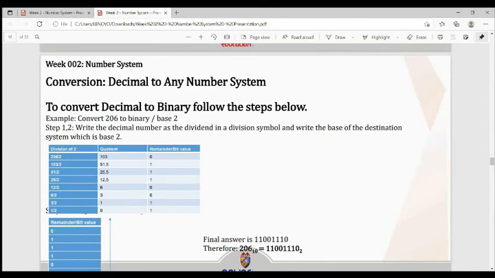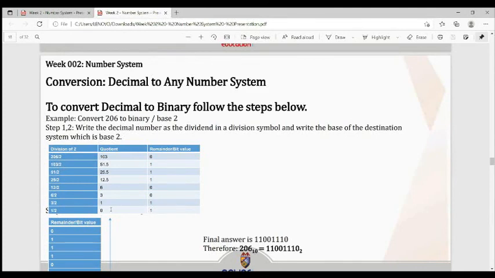Then, 3 divided by 2. So, 3 divided by 2 is 1.5. So, 0.5. Nakalimutan niya yung 0.5 dito. So, that is remainder 1. Then 1 divided by 2 is 0.5. So 0.5, that is the remainder. The remainder is 1.